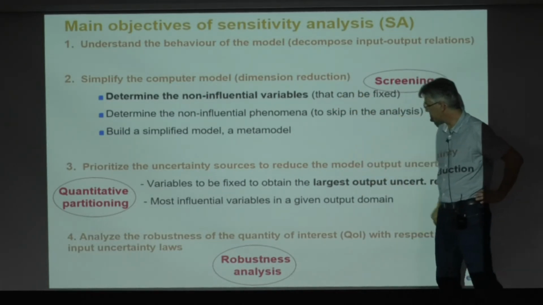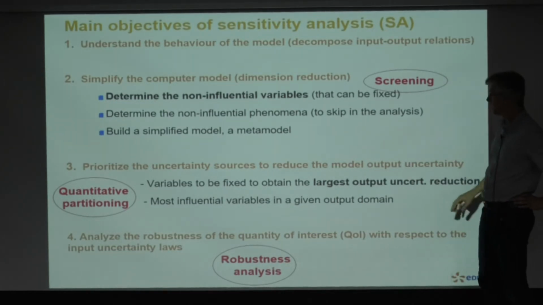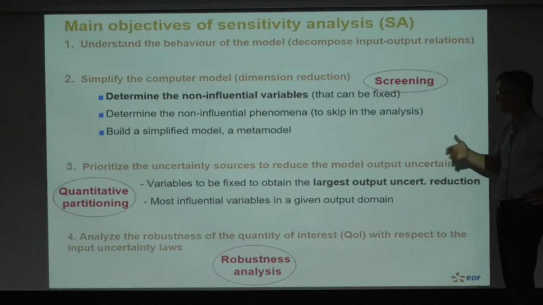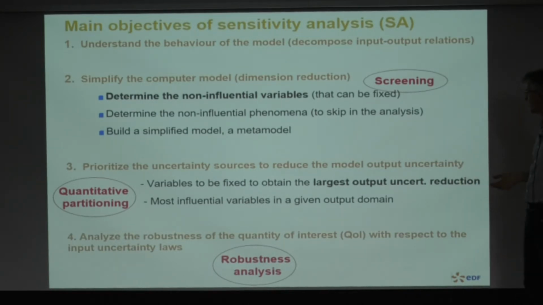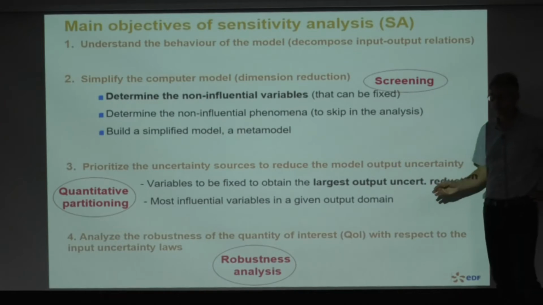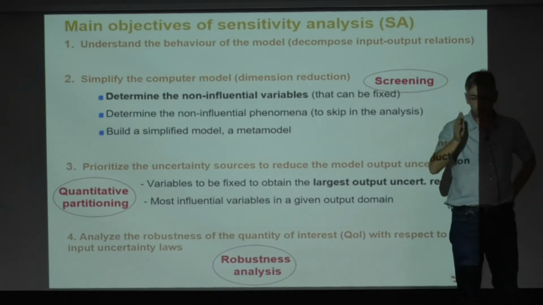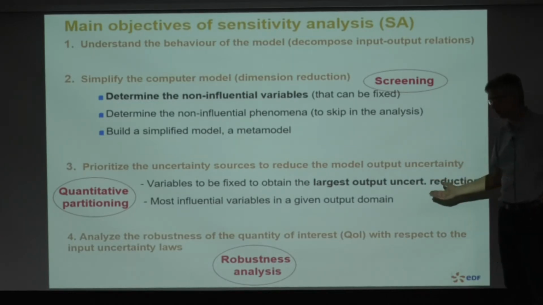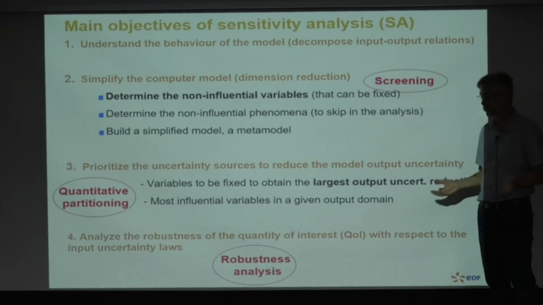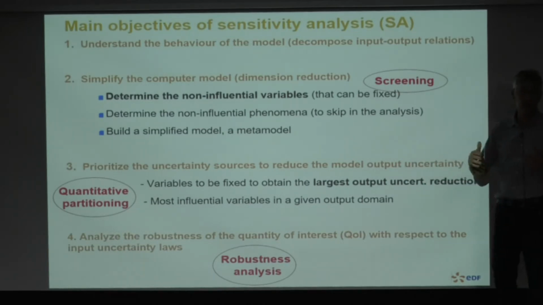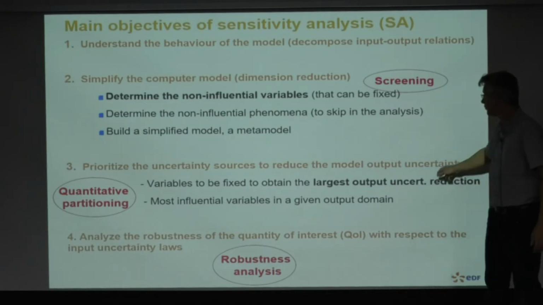And another great goal is to prioritize each uncertainty source with respect to each other in order to know where you have to work to reduce the output uncertainty. So if you determine that X1 is the most influential input in the variance of the output, you know that you have to reduce the uncertainty of X1 in order to reduce directly the uncertainty of the output.